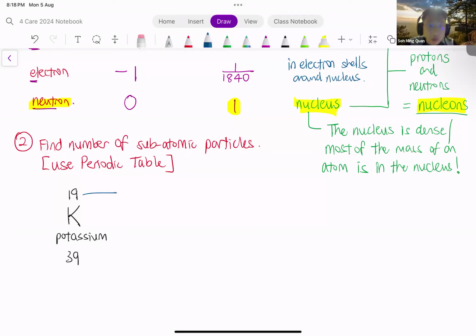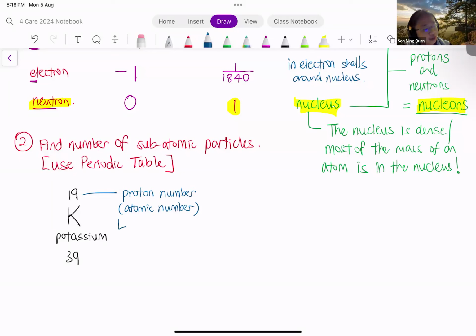So the smaller number, 19, is known as the proton number. Now, the proton number is also known as the atomic number. Okay? It is known as the atomic number because every single element has a different atomic number. That means in the whole periodic table, there is no other element with atomic number 19.